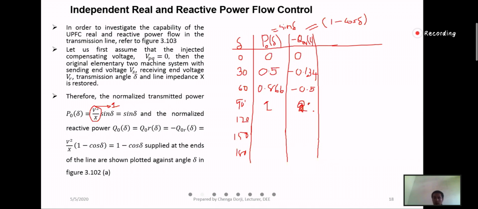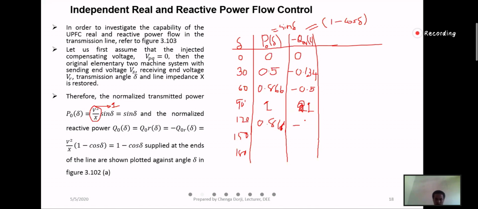Then sine 120, remember, is 0.866. Then here 1 minus cos 120 is minus 1.5.